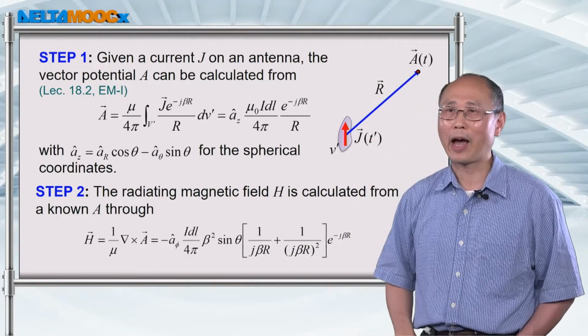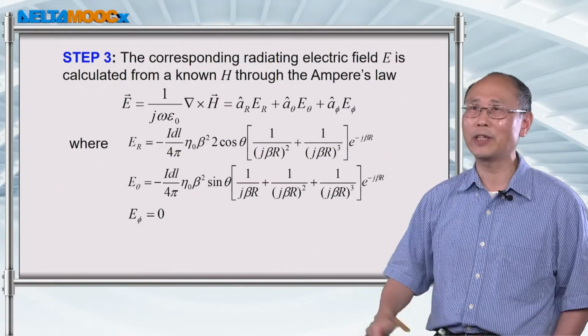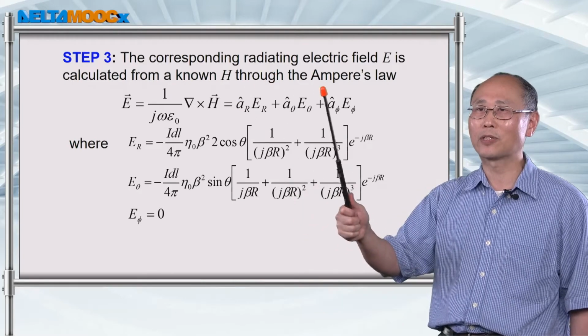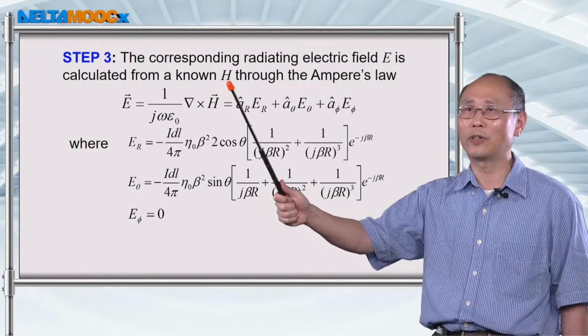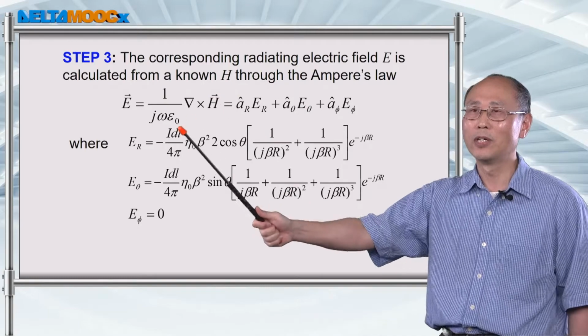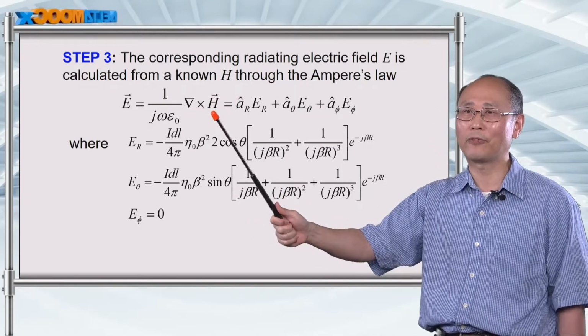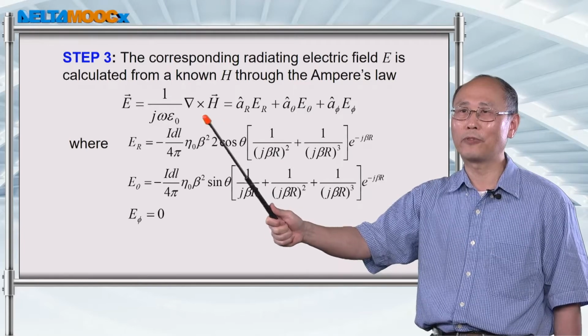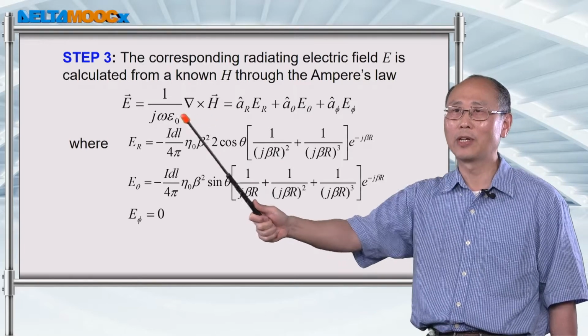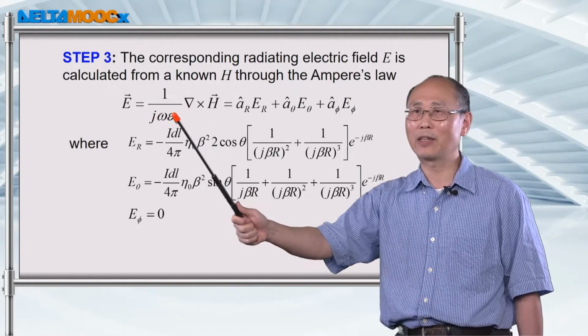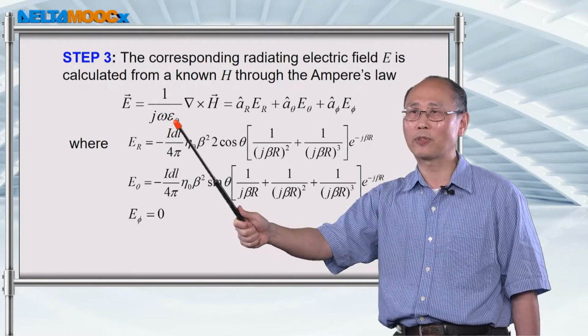And I also told you that for step 3, we're going to use Ampere's law to connect the electric field to the magnetic field. So on the last page, we have the magnetic field. We put the magnetic field into this curl of H, and then divide the whole thing by j omega epsilon 0.